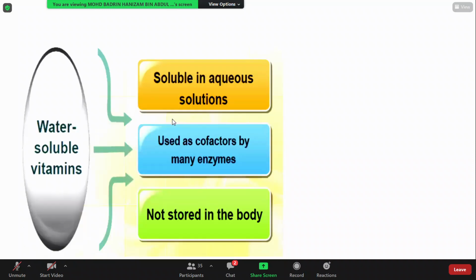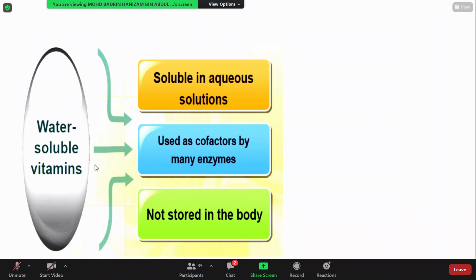Okay, water soluble vitamins, of course, are soluble in aqueous solution, used as cofactors by many enzymes, and not stored in our body. What it means by not stored in our body is that when we take these water soluble vitamins, it's rare that this type of vitamin can accumulate in our body, and it's very rare that a water soluble vitamin can cause toxicity because it's not going to be stored.